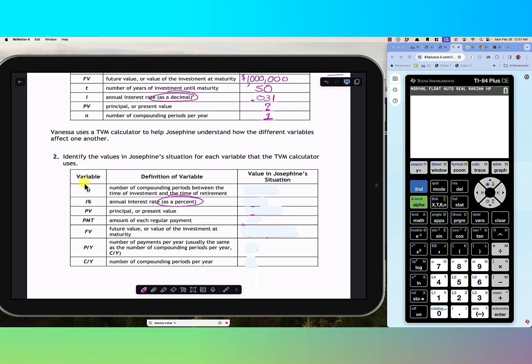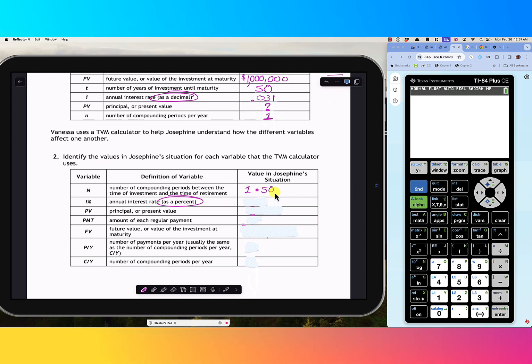All right, on the first line is N, which represents the number of compounding periods between the time of investment and the time of retirement. Well, in this case, what you would do is you would multiply the number of compounding periods per year, which in this case is 1, times the number of years. That's 1 times 50.